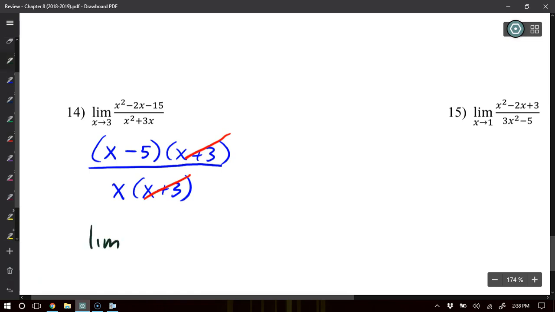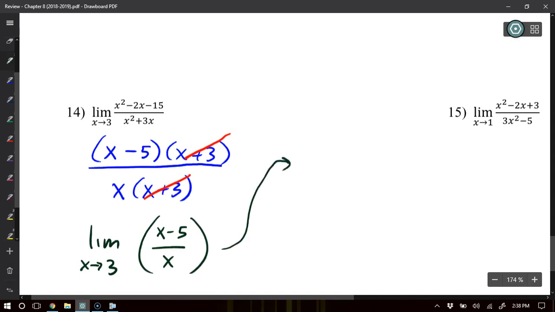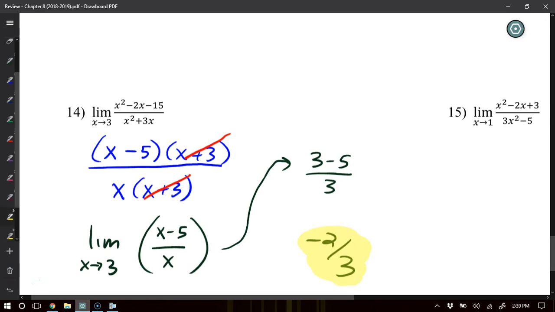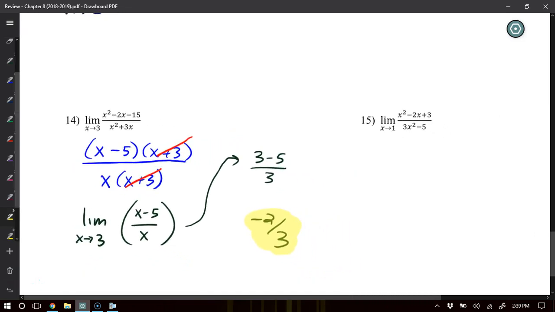So really, I want the limit as x approaches 3. I'm left with x minus 5 over x. This I can plug into: 3 minus 5 over 3. And I get negative 2 thirds.